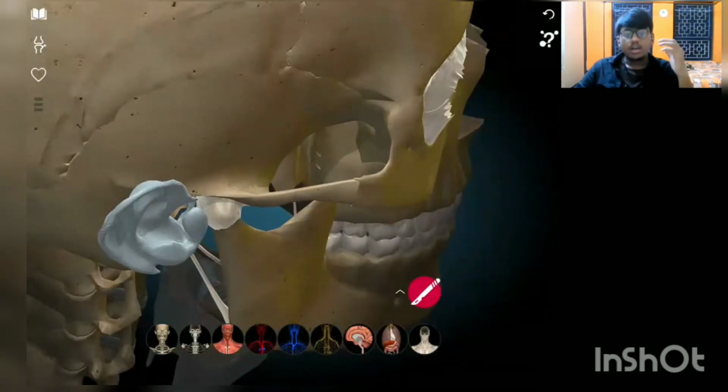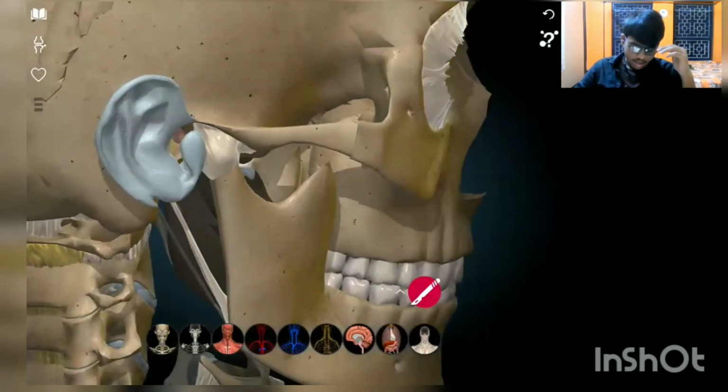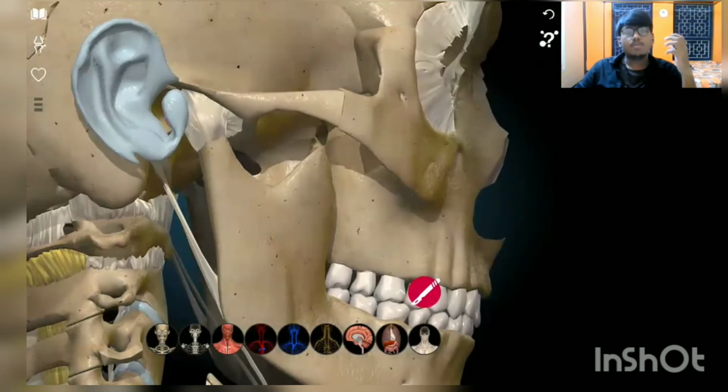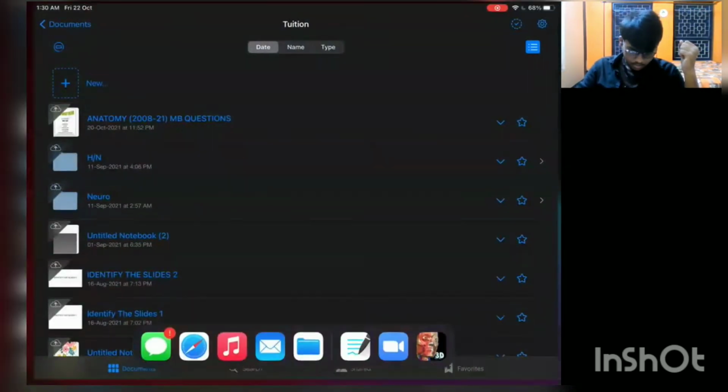Its lower attachment is to the neck of the condylar process of the mandible, right? So this was all about the ligaments of the temporomandibular joint.